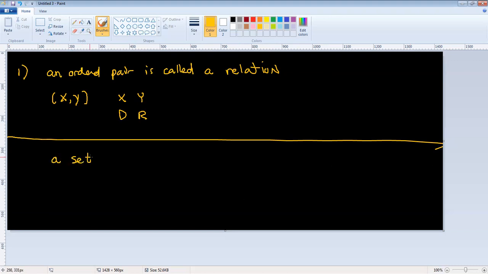A set of ordered pairs is a function if the vertical line test is passed.